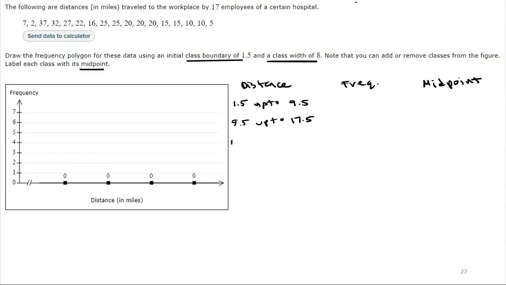Next one would be 17.5 up to 25.5, then 25.5 up to 33.5, and then 33.5 up to 41.5. Okay.